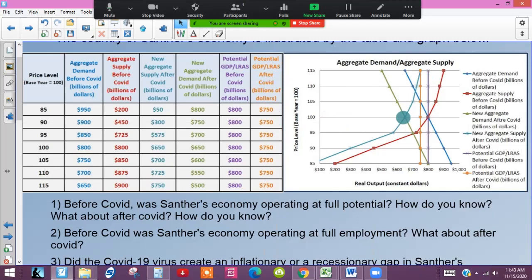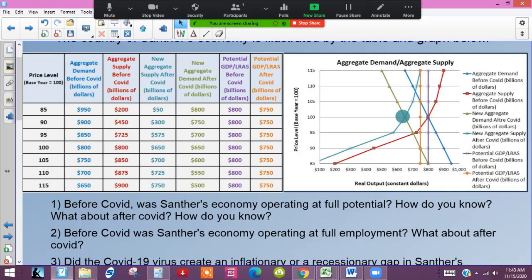So full employment after COVID would be here, right? But we're way back here. So no, we're not operating at full employment, because the economy's equilibrium, where aggregate supply intersects aggregate demand, is below potential.